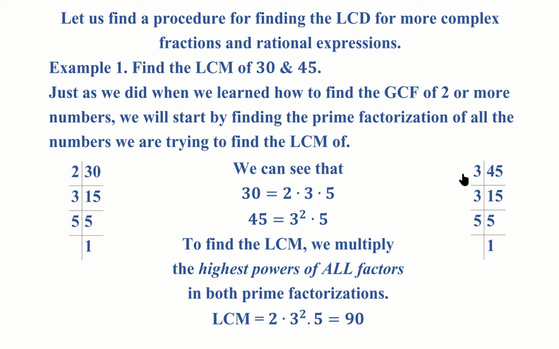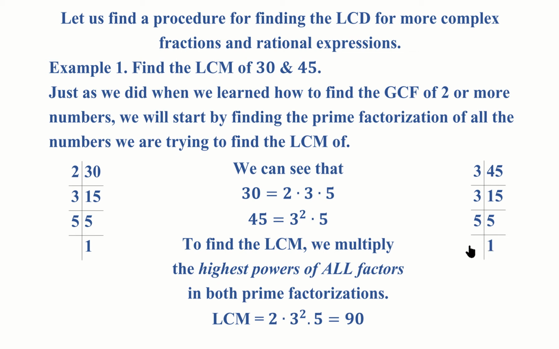We divide: 45 divided by 3 is 15. We write it on this side. Now, again, what's the smallest prime number that goes into 15? That'll be 3 again. 15 divided by 3 is 5. And now we're down to a prime number again. What's the smallest prime number that's going to go into this prime number? Of course, itself. And we get to 1. Now, this is actually why we didn't want 1 to be considered a prime number, because otherwise the procedure for generating prime factorization would never end.